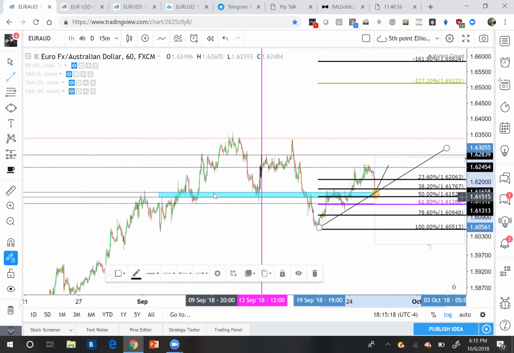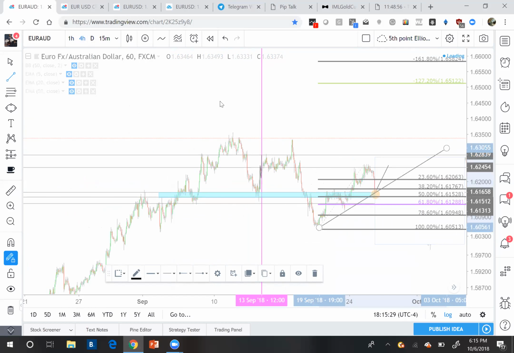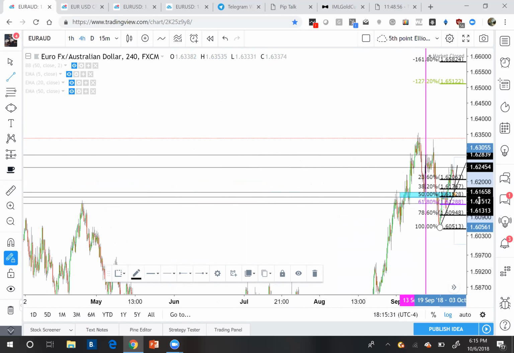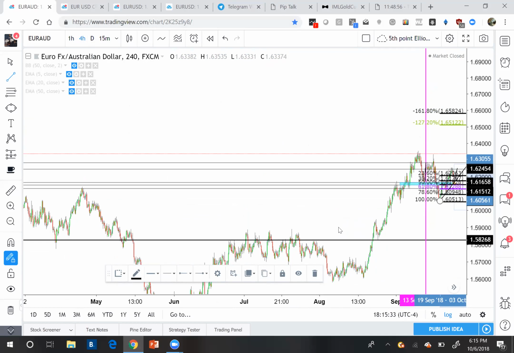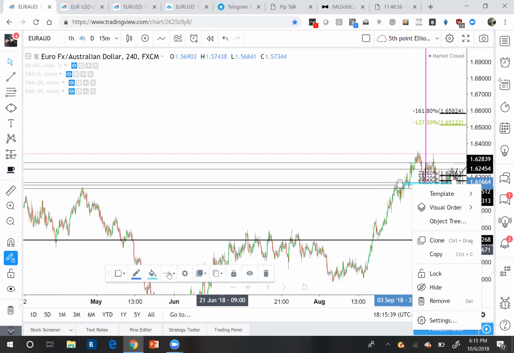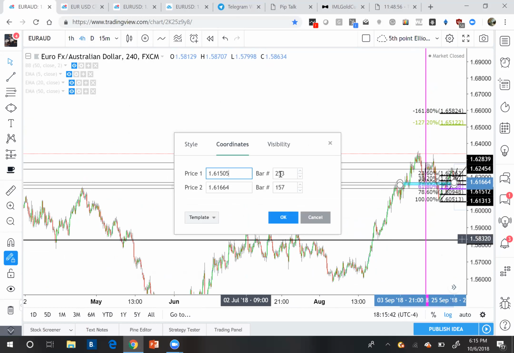So we look at the reversal zone, we look at the 50% on the Fibonacci, and we look at the bullish trend, right? If we look at the 4-hour, you will see that this reversal area is a strong area.